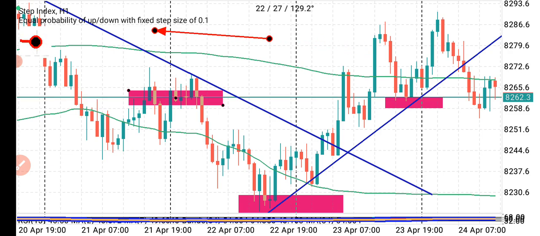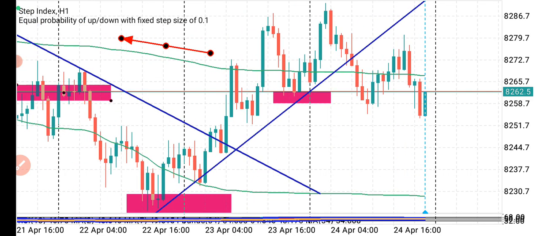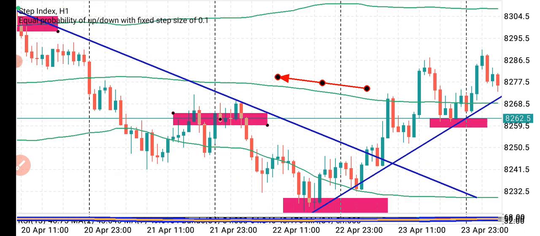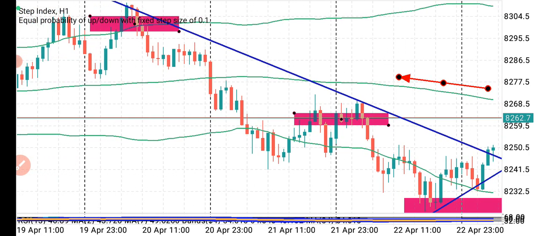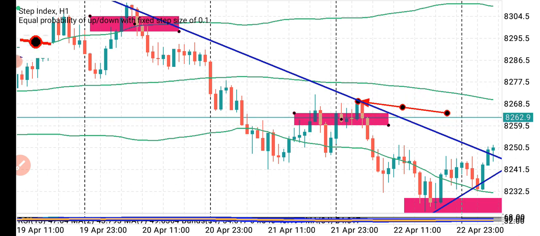What we are having in this scenario is, price came all the way from here, pulled back to this trend line, bounced on the trend line as a resistance and returned back to give us another lower low.